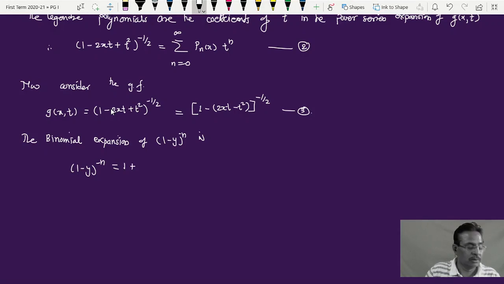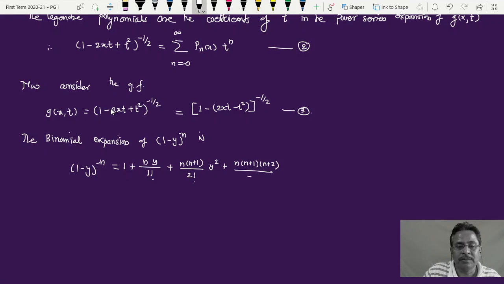The first term is 1, plus n y upon 1 factorial, plus n(n plus 1) upon 2 factorial into y squared. Now you can very easily write the third term: n(n plus 1)(n plus 2) divided by 3 factorial, into y cubed. So the factorials go 0, 1, 2, 3, and n goes on increasing.